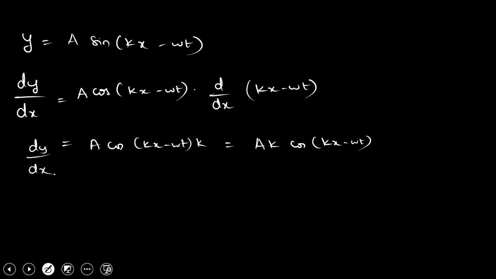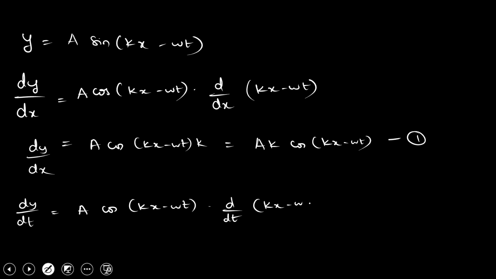Right. The next question is, if I do dy by dt, what am I going to get? If I do dy by dt, I'll get a times cos of kx minus omega t into d by dt of kx minus omega t.